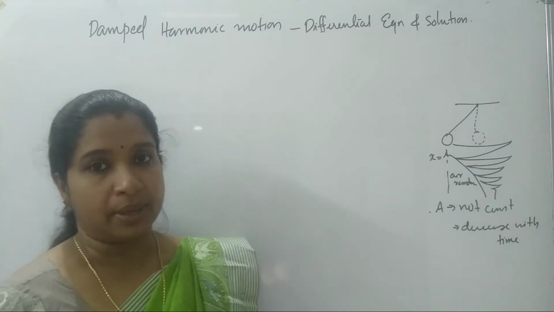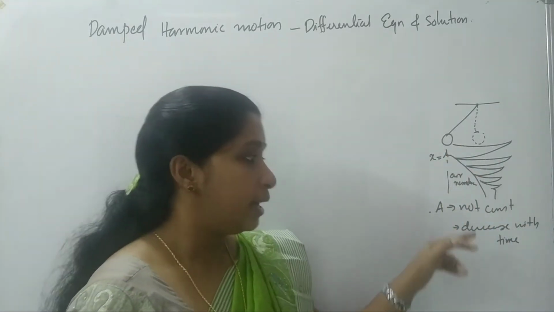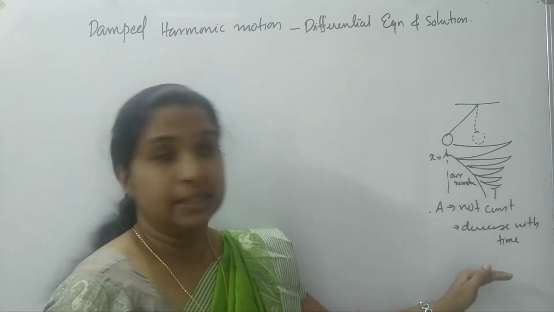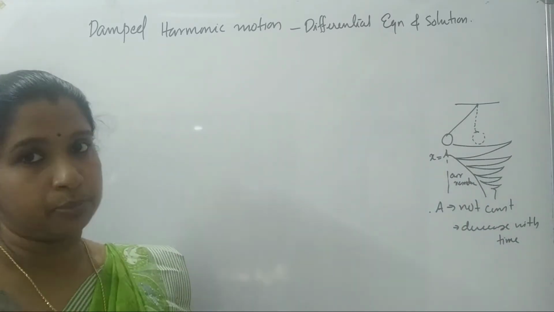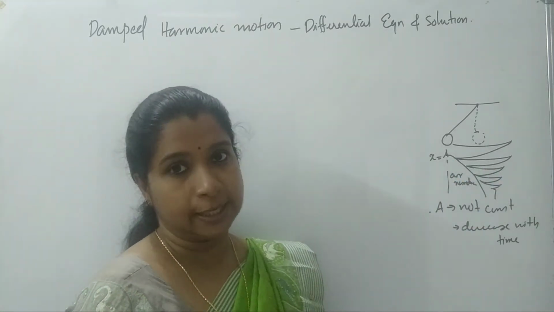That is called damping. So from here we can observe the amplitude is not constant and it is decreasing with time. So we have to generalize these two conditions from the differential equation of damped harmonic motion, or we have to represent this motion mathematically.